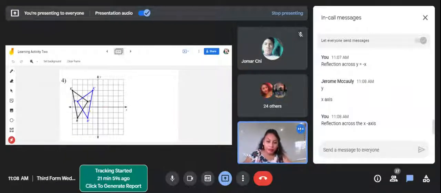The next one. Where is the reflection happening? Take a look. P is right here, and you have P1. Take a look exactly in the middle. What do we call this point right here, exactly in the middle of these two?